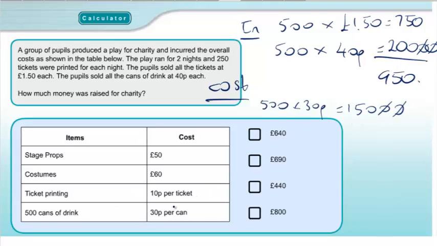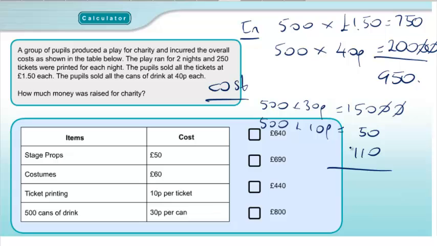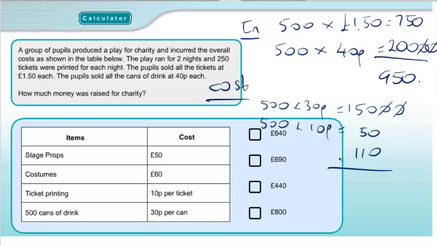Ticket printing was 10p a ticket, and we already know there were 500 of them. So that has to be basically this number divided by 3, because it's 3 times lower. So that's £50 for the printing of the tickets. And we've got these fixed costs at 50 and 60, so added together that's 110. So the costs add up to 150, 200, 310 pounds.